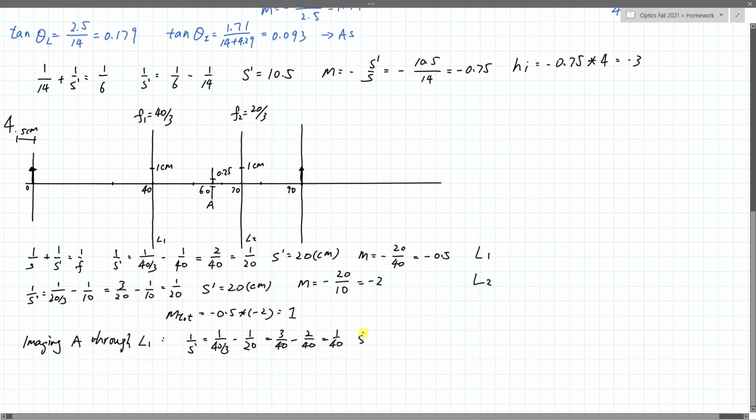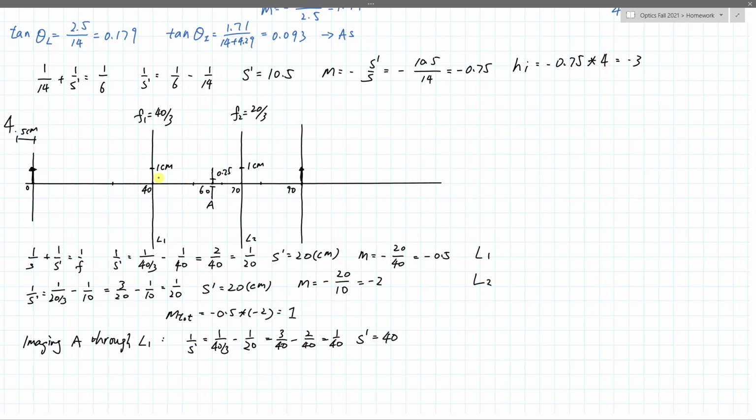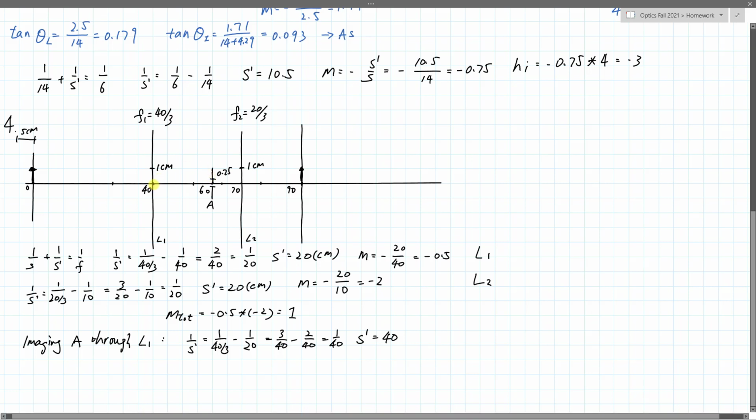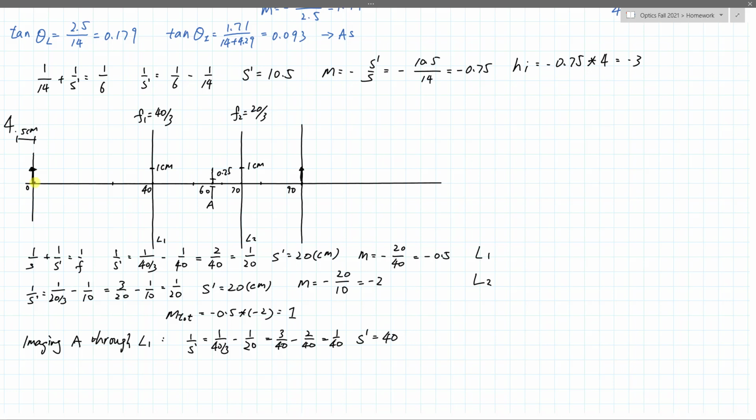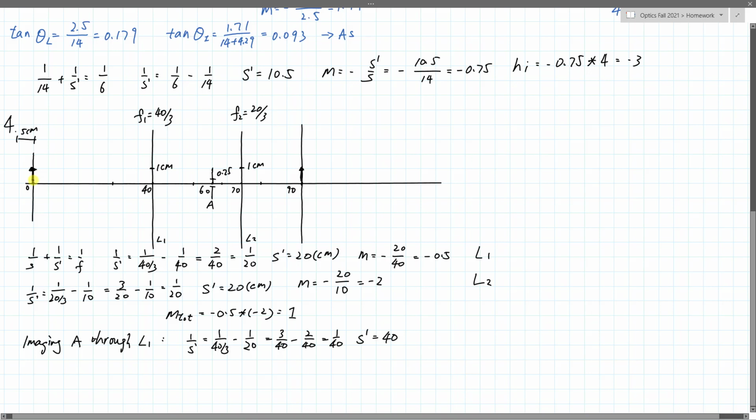So s prime is equal to 40 centimeters. So 40 centimeters from the lens, let's see where that is. So that's right here. Okay, that's right there. And with whatever size, there won't be any limitation at all if you think about it, right?